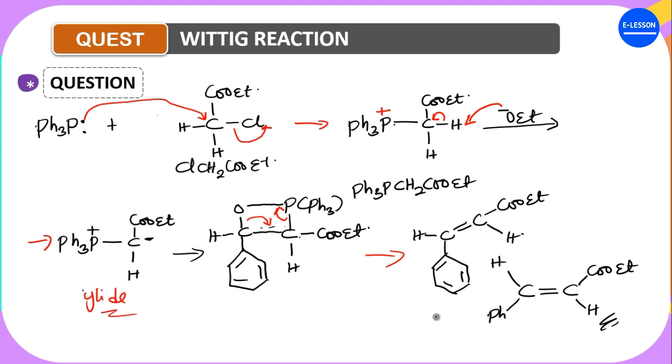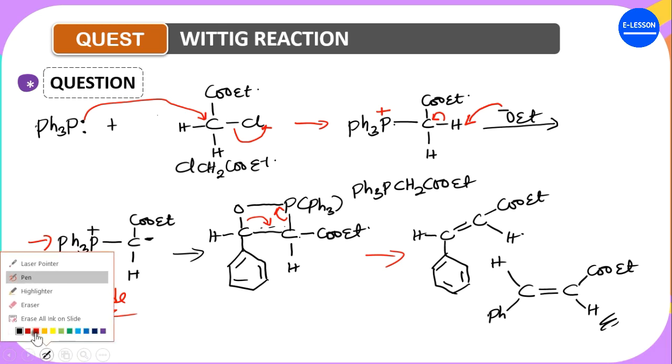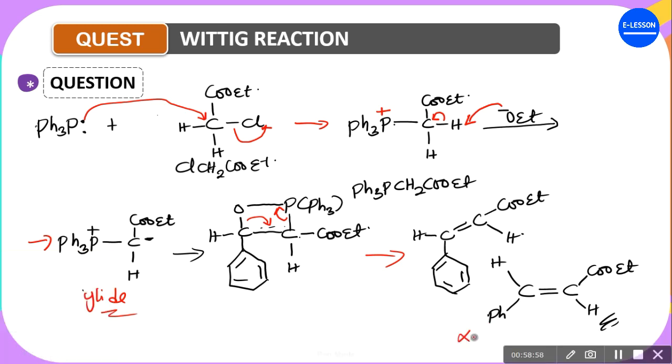So this is what we call alpha beta unsaturated ester. Now, why do we call it alpha beta unsaturated ester? It's pretty easy. It's because of the ester group that you have here.